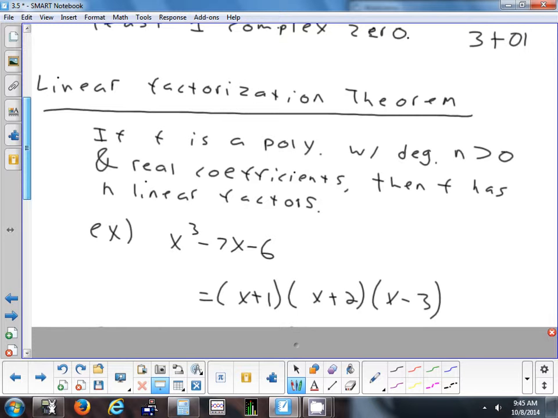So here's an example of a cubic fully factored. X cubed minus 7x minus 6 factors into x plus 1 times x plus 2 times x minus 3. Okay, I would expect that you'd be able to do something like that now.